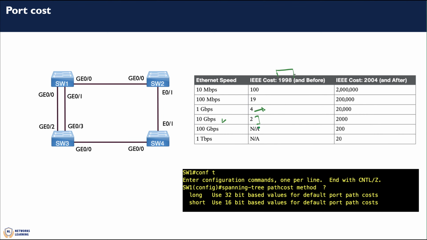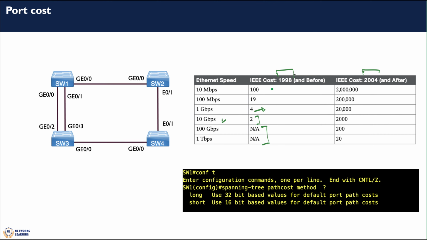But at the time, having 100 gigabit or even 1 terabit in data centers was really not an option. So we did not have any costs allocated to port speed for 100 gigabit, for example. But later on, starting from 2004, there was a need to have a little bit more granularity. This is why you can see two types of costs.